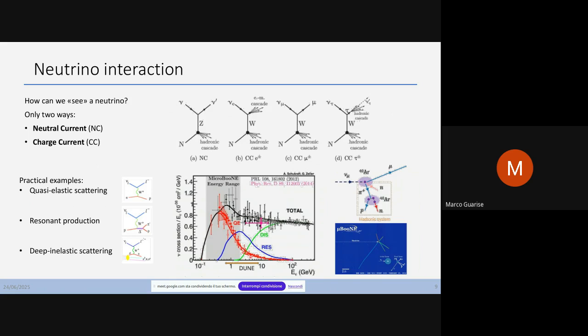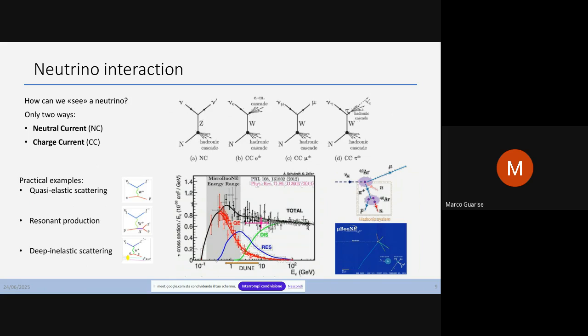Because, as I said previously, they only feel the weak force. So basically, there are two types of interaction that they can feel, depending on the boson.